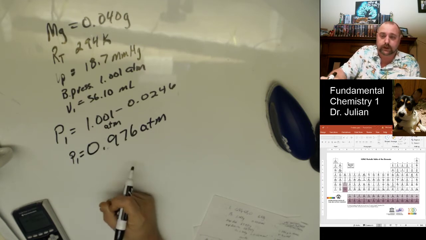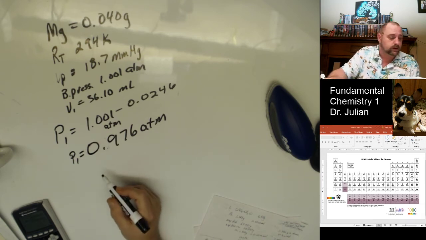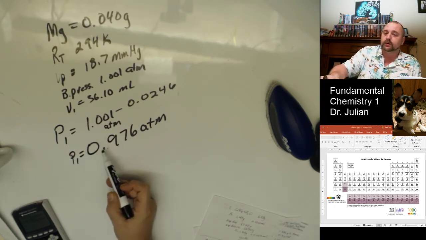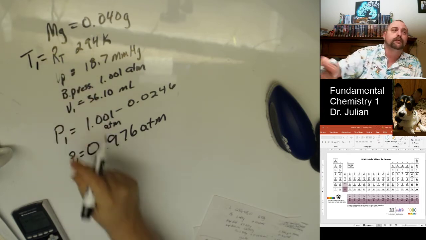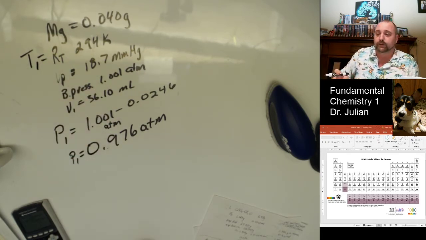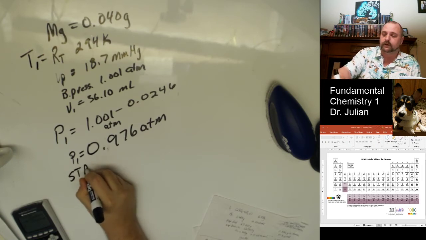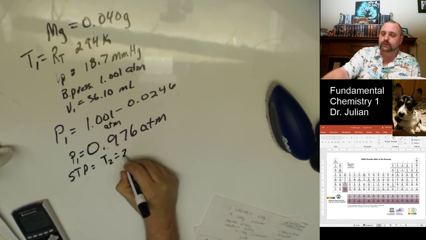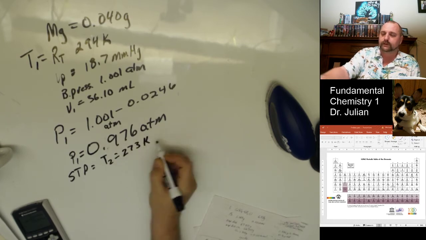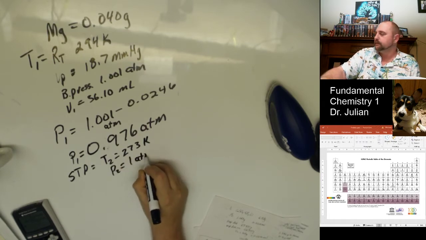Then we've got V1 that was given. The next big calculation we need is the experimental volume corrected to STP. So we've got P1, we've got V1, and this was T1, the room temperature. As long as it was in Kelvin, we're okay. And we're going to STP, so T2 will be 273 Kelvin, and P2 will be 1 atm.